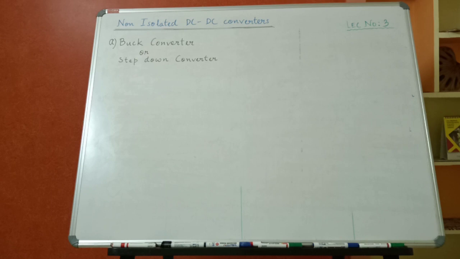According to the name only, you can find out what each does. The step down converter is a DC to DC converter, so if you give 15 volt DC, you should get 14 volt, or 1 volt, or 6 volt at the output.